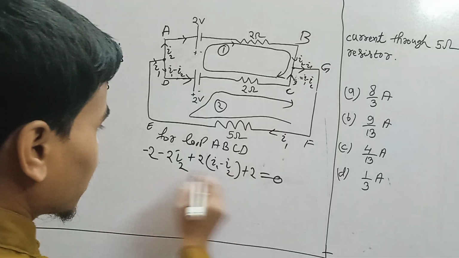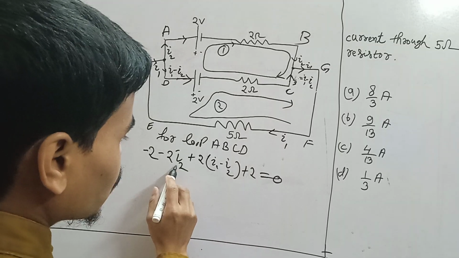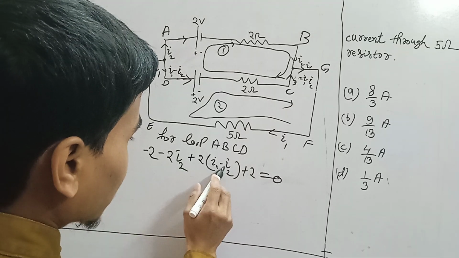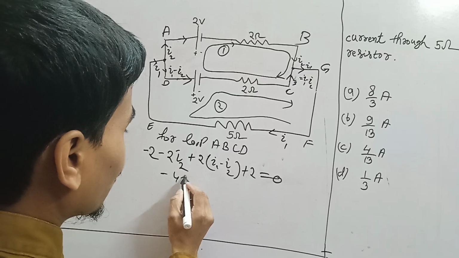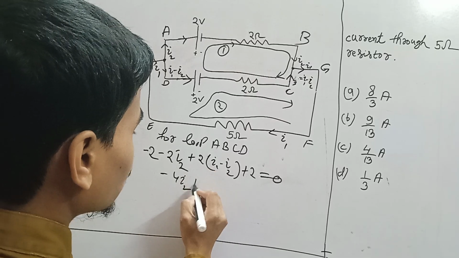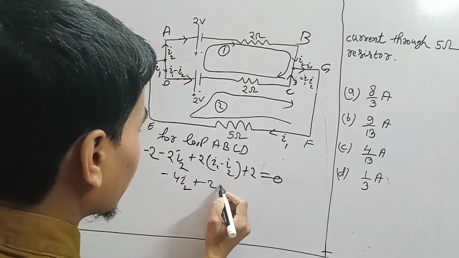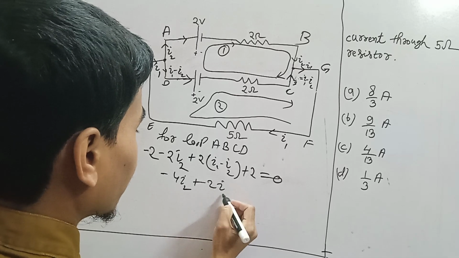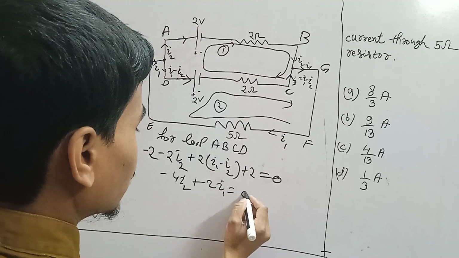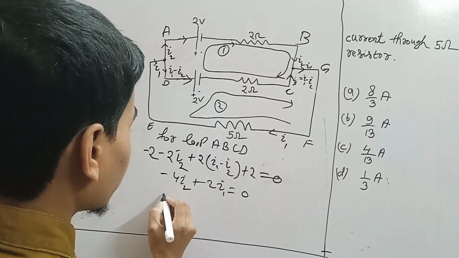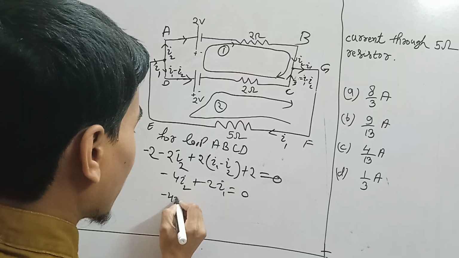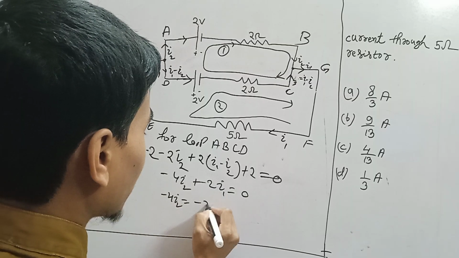Now it is this solved equation. Here minus 2 cancels, and minus 2I2, this is the minus 2I2, 4I2, and this is plus 2I1. Okay, now 0. So minus 4I1 minus 4I2 is equal to minus 2I1.